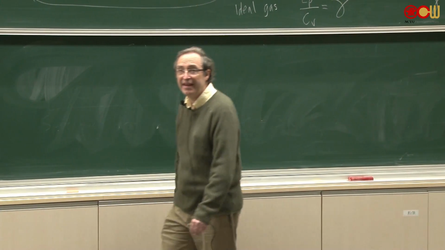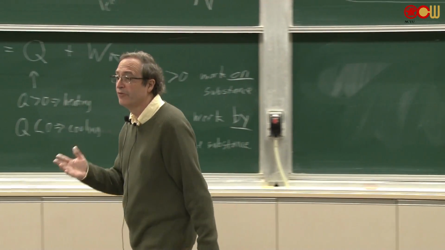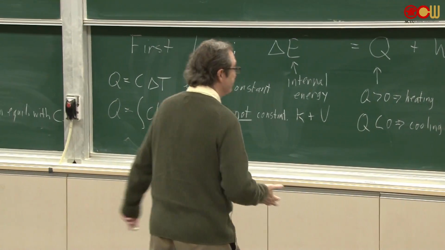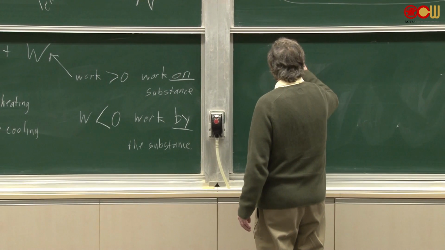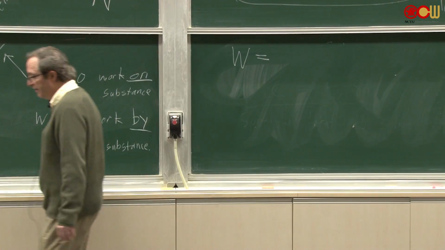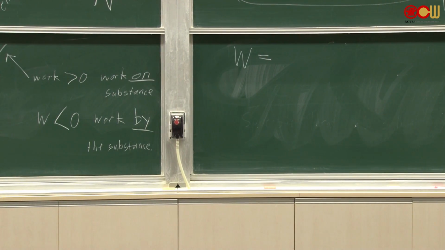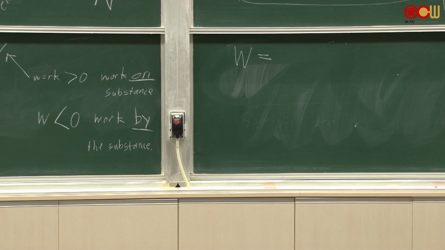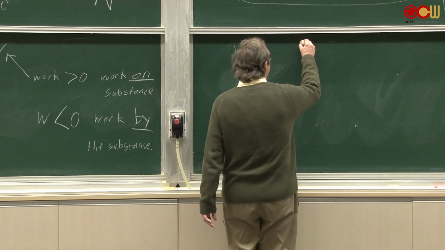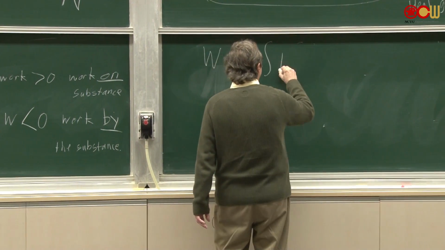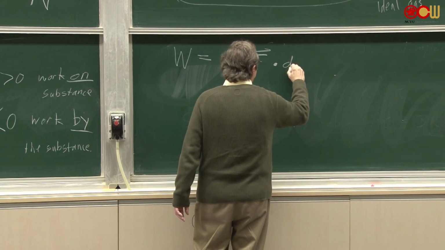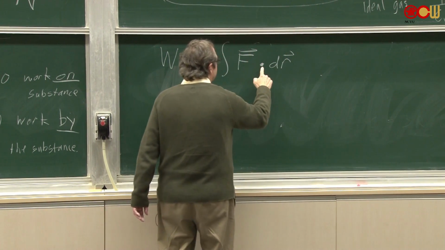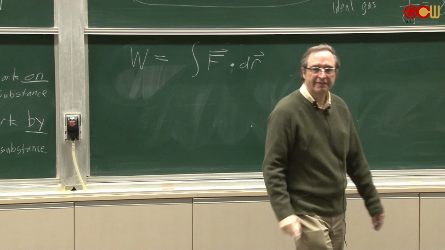All right, so we get the idea of work from classical mechanics. I'm going to start out here using the definition of work from classical mechanics. If you remember, the work done is F dot dr. Remember, that's the dot product.